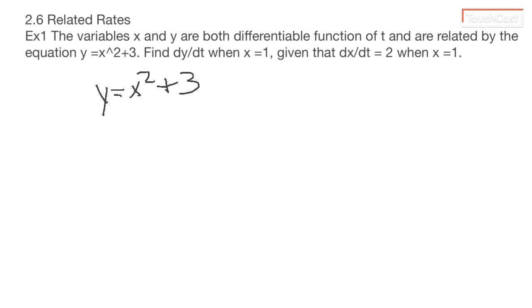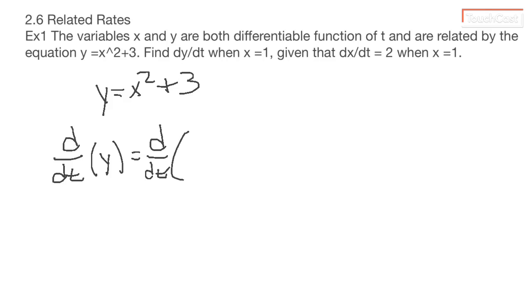And then what we're going to do is, on both sides, write d/dt, finding the derivative with respect to t of y, is equal to d/dt of the expression x squared plus 3. So on the left side, instead of d/dt times y, we'll rewrite it as dy/dt, which is totally fine to do.